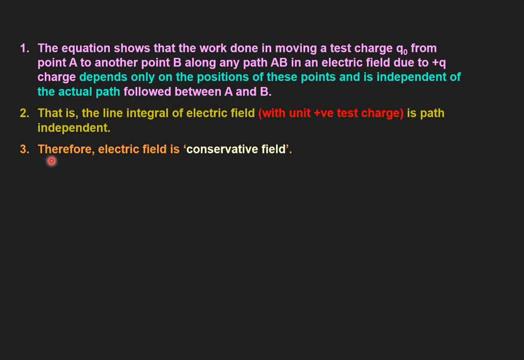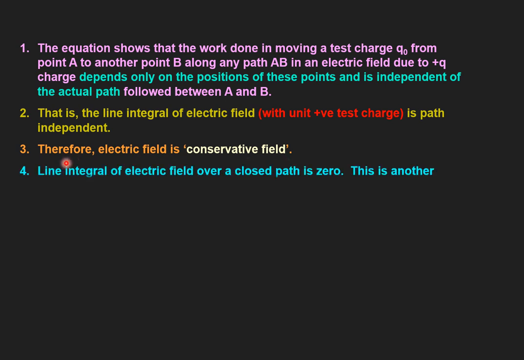We have also studied this in 11th standard, the concept of conservative and non-conservative forces or fields. So whenever the work done is path independent, the field or force will be conservative. Next point, the line integral of electric field over a closed path is 0.